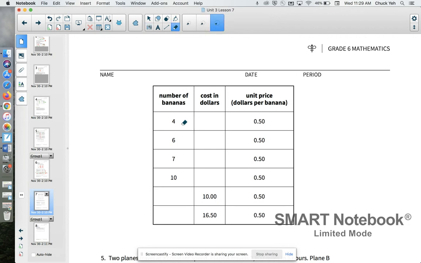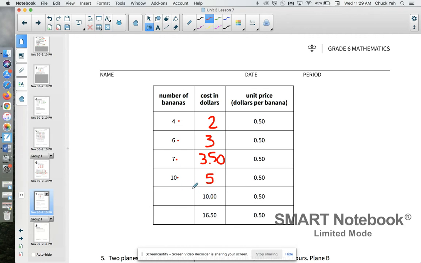So 4 times 0.50, and that's $2. And then multiply 6 times 0.50. That's $3. Multiply 7 times 50 cents, and that's $3.50. And then multiply 10, and that's 5.